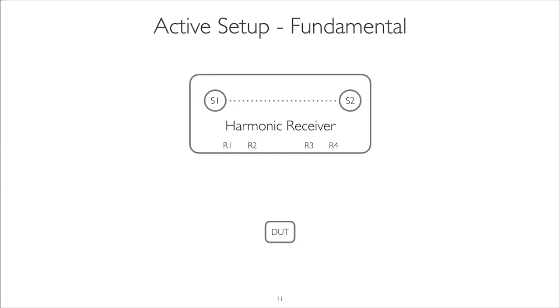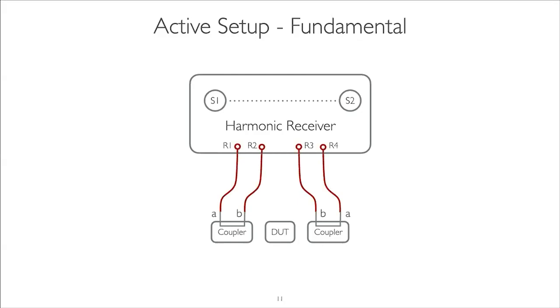Basically, we have our DUT and we have a harmonic receiver, a VNA that is comprised of different receivers. So in this case, we need couplers, as we saw in the VNA S parameter architecture. So what we're doing here is feeding the A and B waves back to this harmonic receiver. So anything that's coming in and out of this device will be measured by this harmonic receiver. Okay.